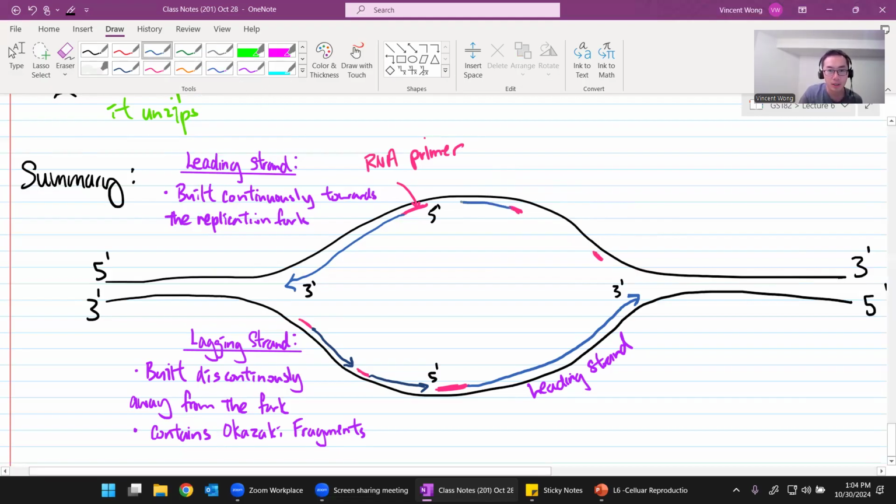And then, of course, DNA polymerase 3 is going to build the rest. And so on the right side here, this is the lagging strand. Okay, and just to reiterate, these are Okazaki fragments.